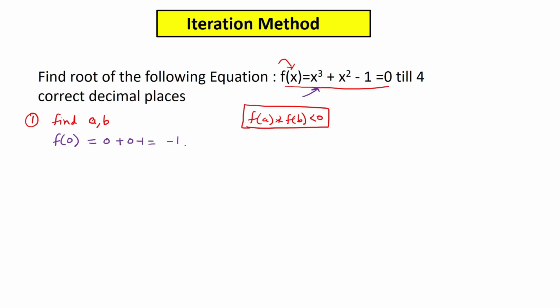So this is a negative value. Now we need one positive value. So if we put x equal to 1, we will get 1 cube plus 1 square minus 1. So this will be total 2 minus 1, that is 1. So this is a positive value and the other is a negative value. So actually we have found the a and b values. My a can be this 0 and b will be this 1.